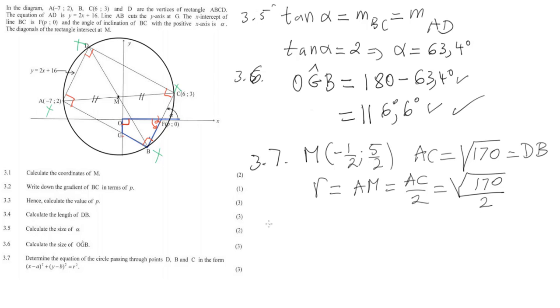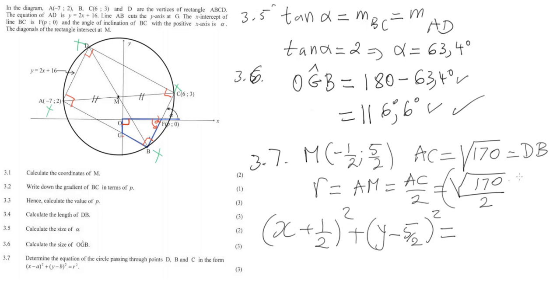Now the equation will be x minus a, which is x plus 1 over 2, all squared, plus y minus b, which is y minus 5 over 2, all squared, equals r squared. What is r squared?